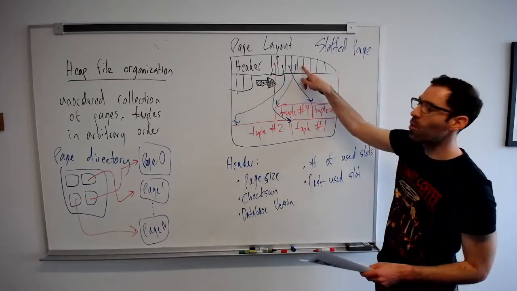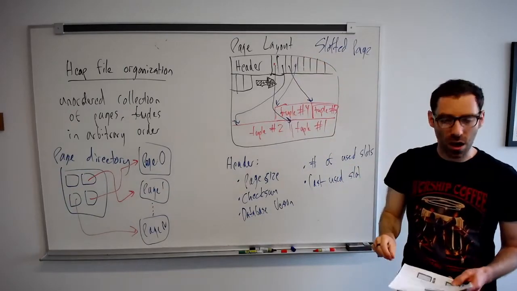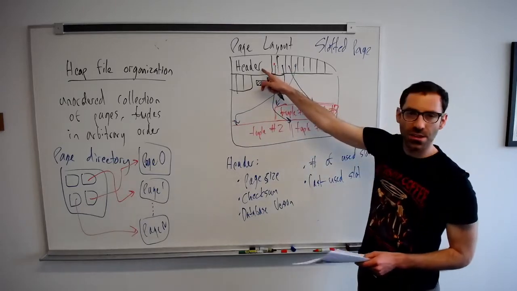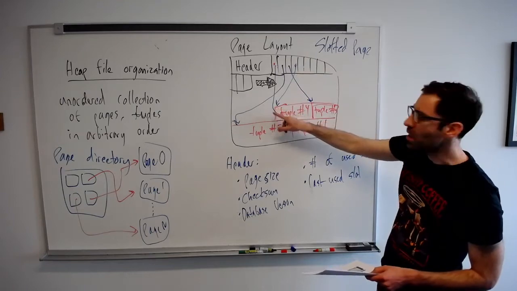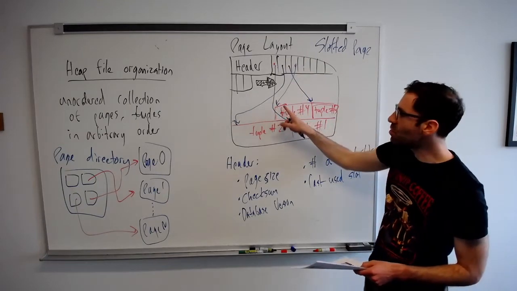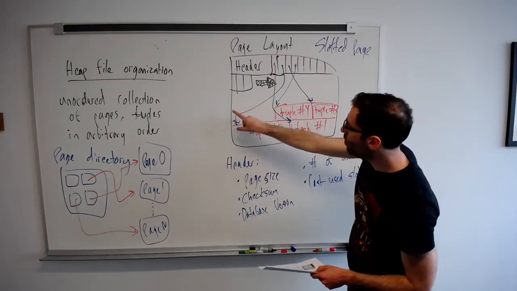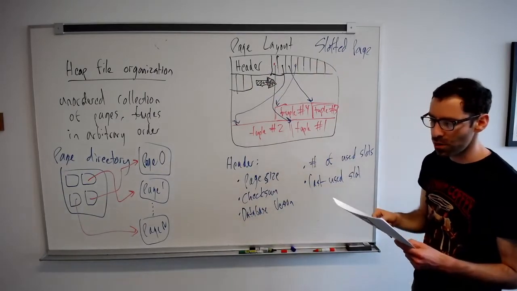If we want to add a new tuple, we keep track of the last used slot so that we can jump there. We can see where the last tuple is currently stored, insert our new tuple before that in the page, and we know that the next slot is where the next pointer would go.